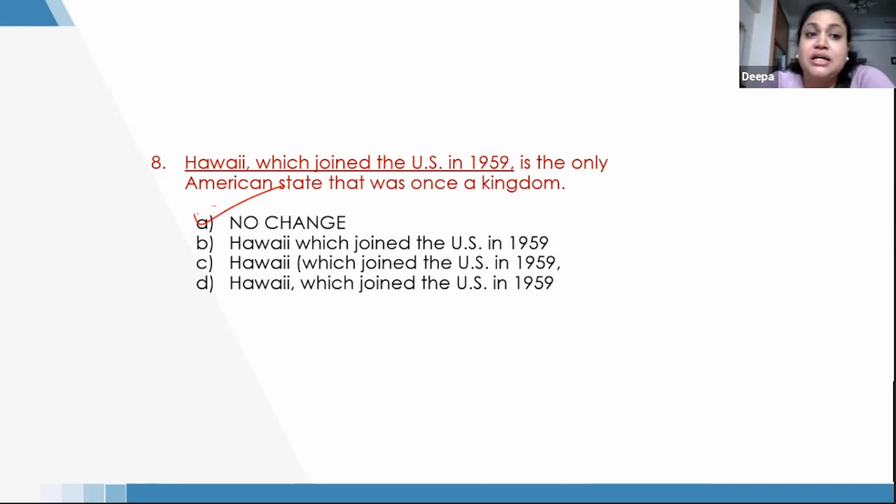And because we are giving more information about Hawaii, we'll go with the parenthetical element and have no change as the answer. Let's go to the next question.